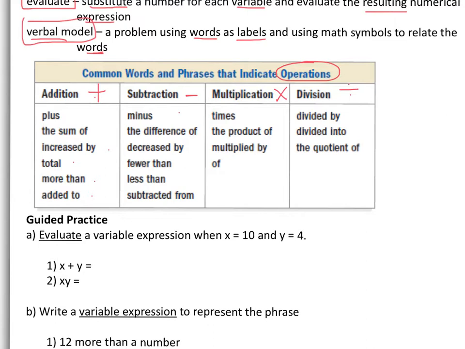Minus, for subtraction, the difference of, decreased by, fewer than, less than, subtracted from. And for multiplication, times, the product of, multiplied by, or simply the word of indicates multiplication. Division, divided by, divided into, the quotient of.